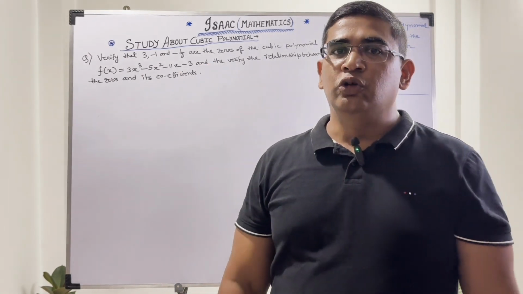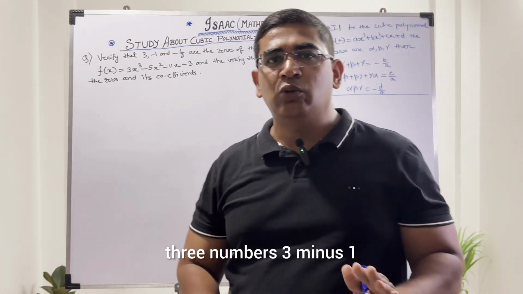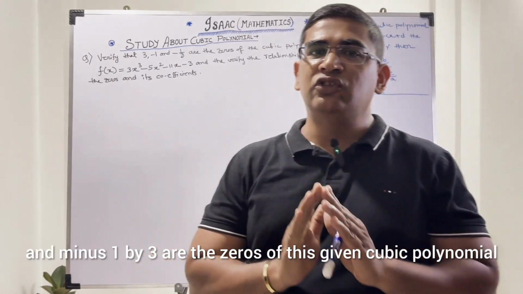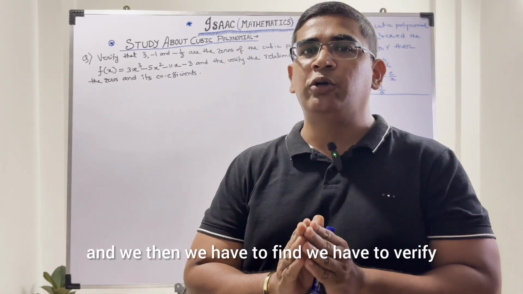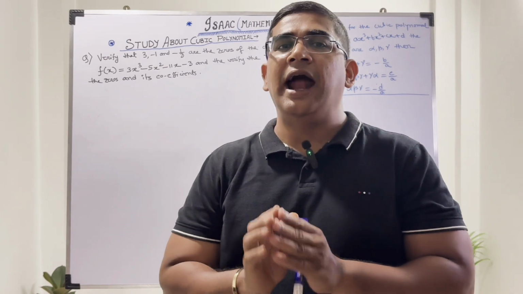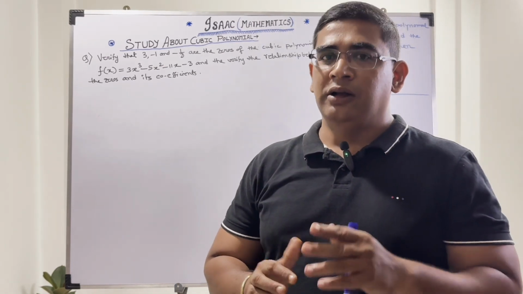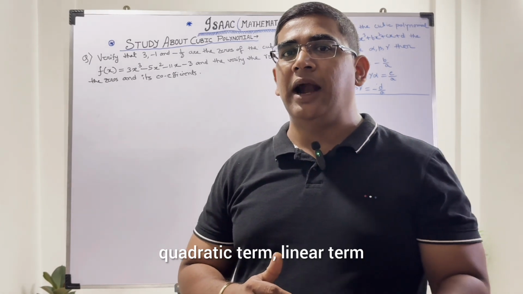First of all we have to verify that these three numbers are the zeros of this given cubic polynomial, and we have to verify the relationship between the zeros and the coefficients of the cubic term, quadratic term, linear term and the constant term.